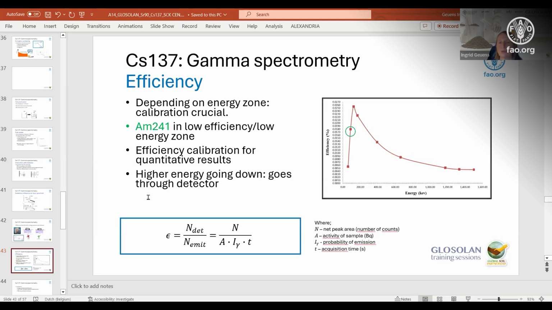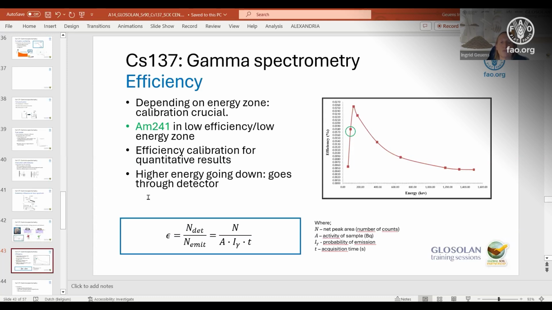Because if we go to higher energies, those gamma rays go through the detector. So not all gammas are really detected. And that's why you have what we call an energy curve. You have to do a calibration of the energy curve for your detector. Of course, you have to do it only once, but you have to do it. So what do we mean with efficiency? Efficiency is in fact the number of counts detected versus the number emitted.